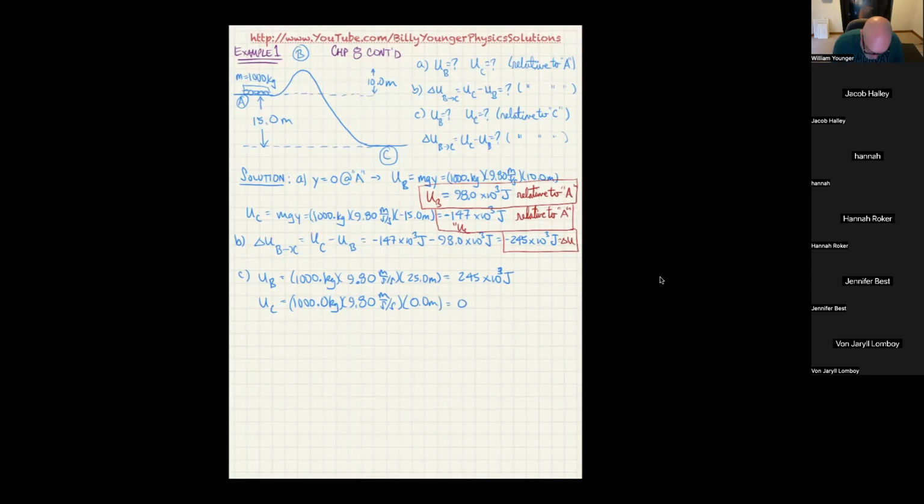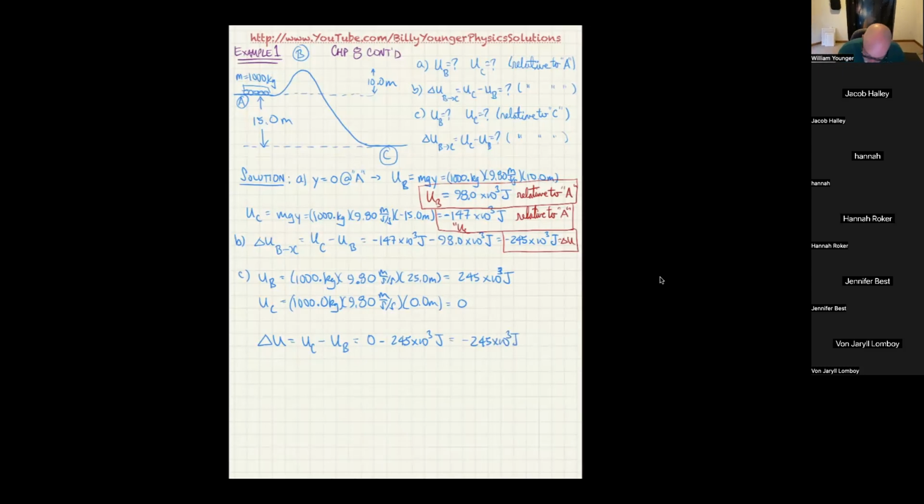And then that gives me, of course, delta U, which equals UC minus UB, which is equal to 0 minus 245 times 10 to the third joules, which equals negative 245 times 10 to the third joules.